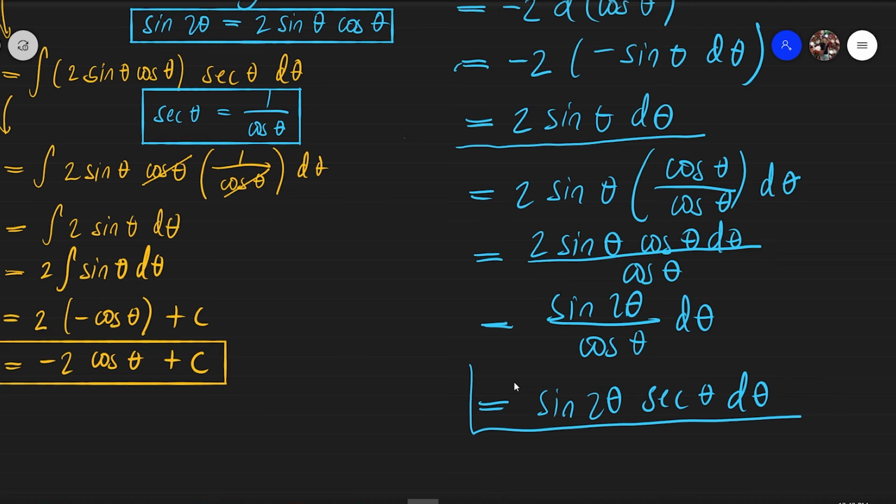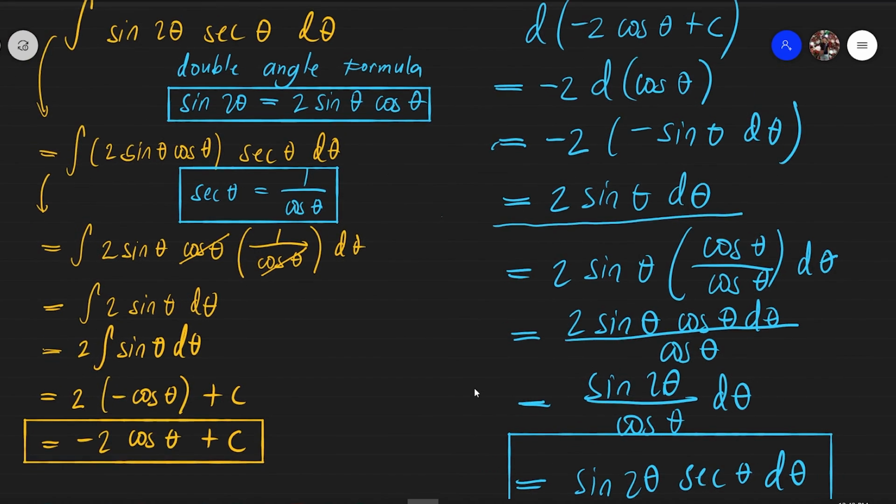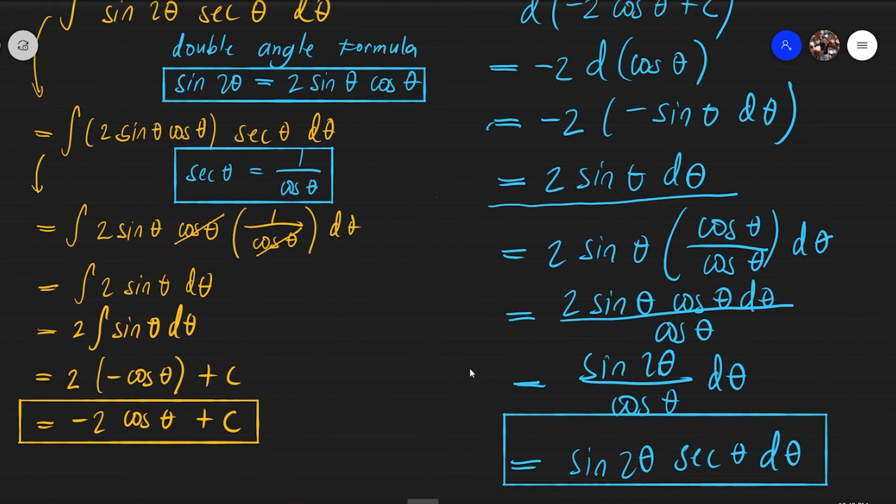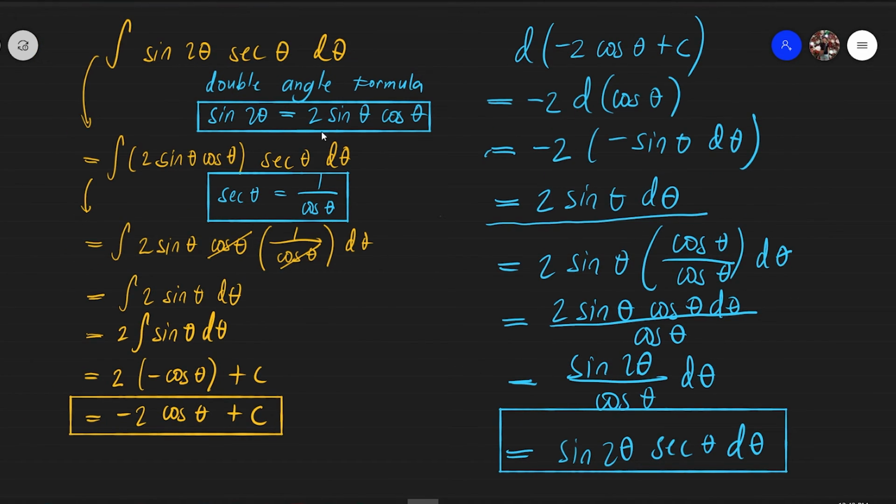So this is now the differential of our answer. Now as you can see, this is exactly the same as the original given function, sine 2 theta secant theta d theta. So indeed, we confirm that our answer is correct, and that is negative 2 cosine theta plus c. Okay? So that's how you do it.